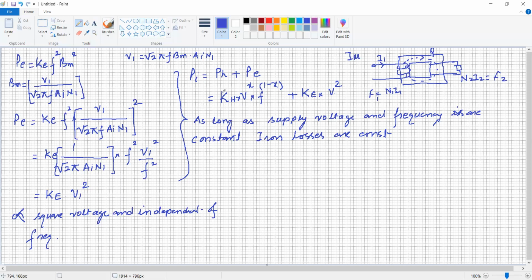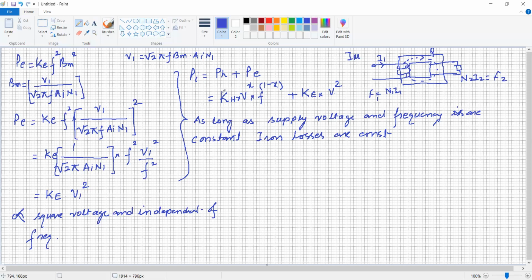As long as the supply voltage remains constant, the eddy current loss remains constant even though the frequency changes. If the applied voltage is constant, the hysteresis loss will remain constant with an increase in frequency. Therefore, the total iron losses decrease if the frequency is increased with the applied voltage kept constant. But in our supply system, the frequency remains constant at 50 Hertz.